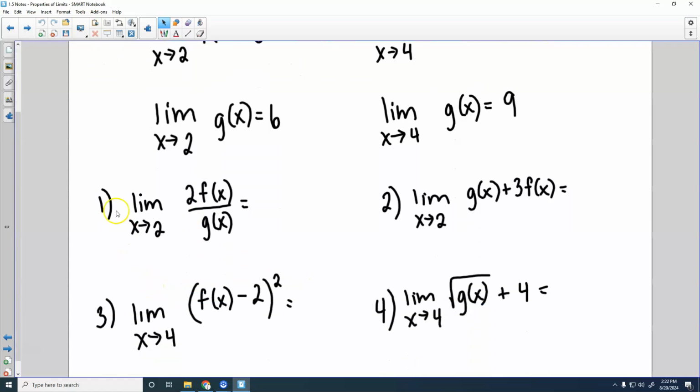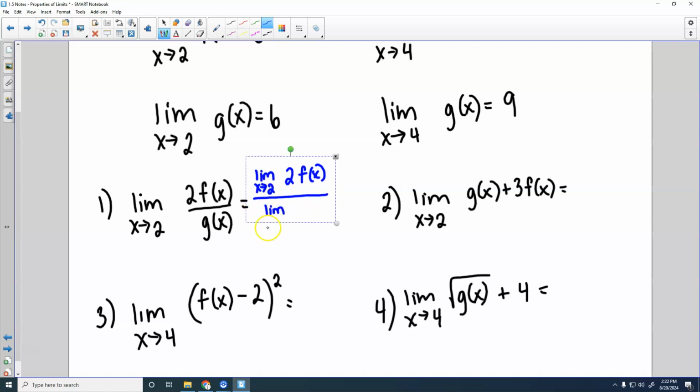So if I have something like the limit as x approaches 2 of 2 f of x over g of x, then what I'm doing, essentially, if I'm going to use my division property, is the limit as x approaches 2 of the top part, 2 f of x, over the limit as x approaches 2 of g of x.